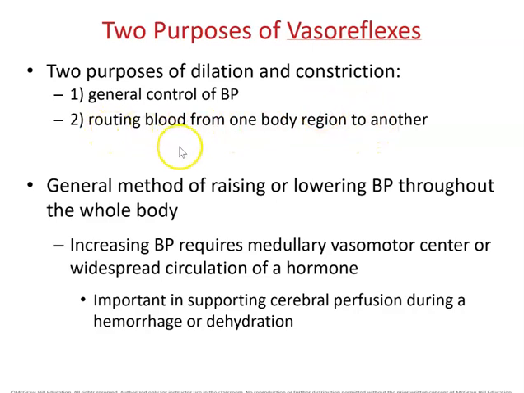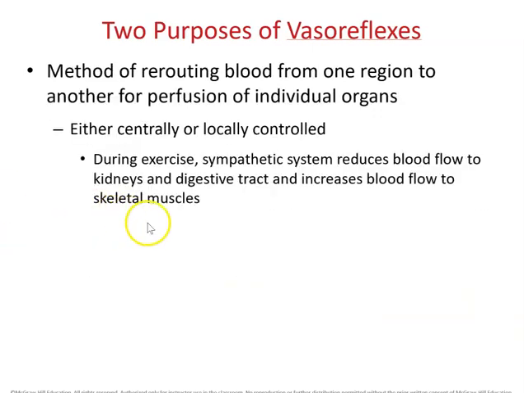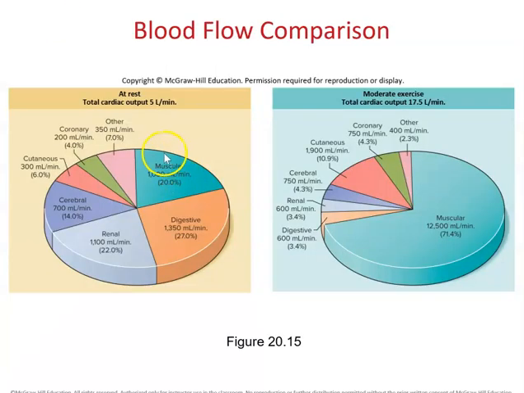These two purposes are very important to regulate blood pressure, to maintain the correct perfusion in the brain, as well as to meet the needs of organs during exercise and disease conditions. For example, at rest, blood circulation is distributed in proportion to needed activities.